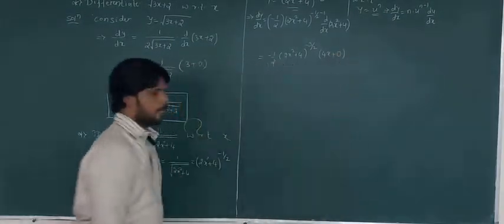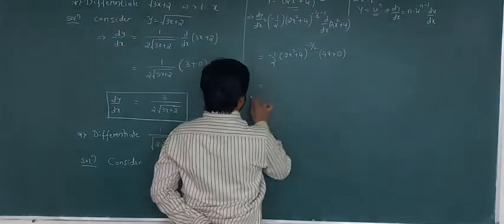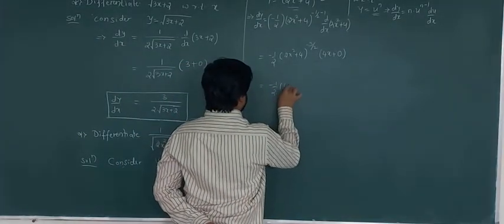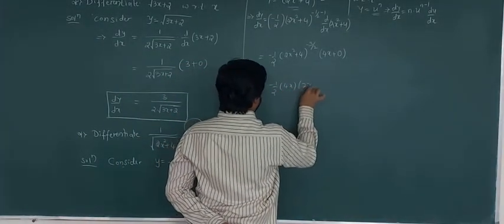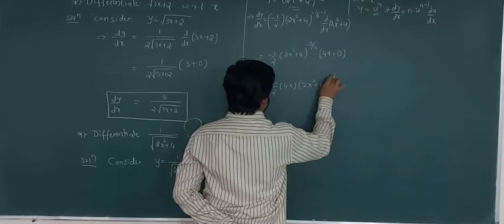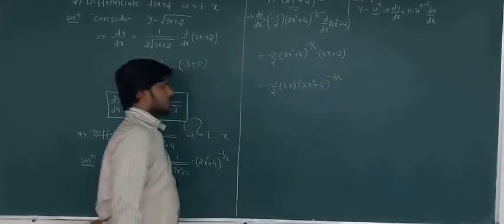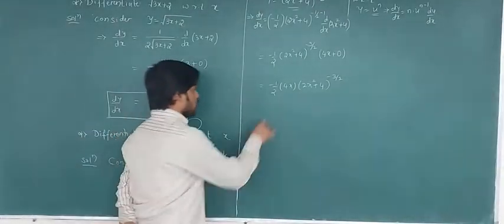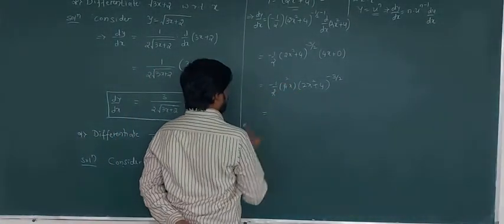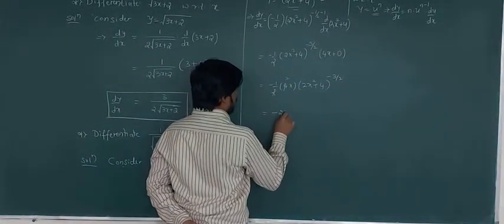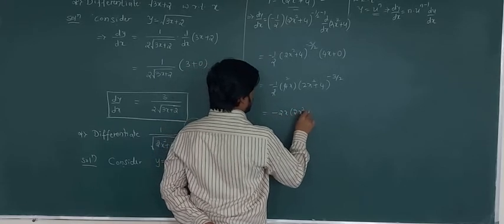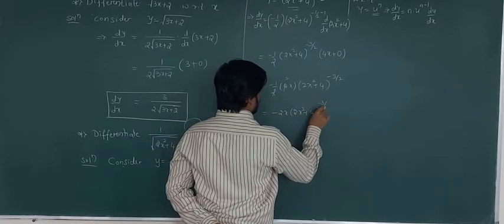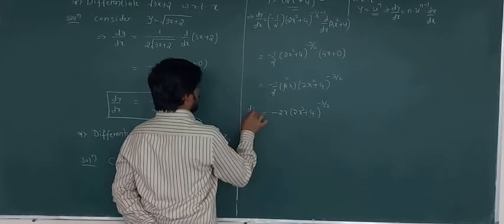So this equals minus 1 by 2 into 4x into 2x square plus 4 whole to the power minus 3 by 2. Here 2 and 4 get cancelled, and we get minus 2x into 2x square plus 4 whole to the power minus 3 by 2. This is our solution.